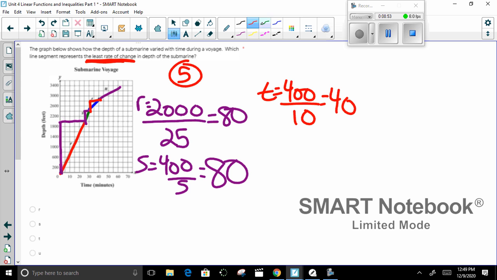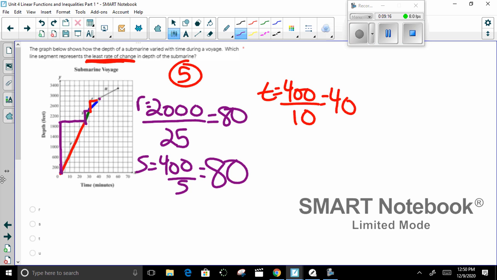Line U looks to me like it starts, goes up 2. Let me erase this here because I'm having trouble seeing. So you got to be careful here because it looks like line U starts between 2,800 and 3,000.